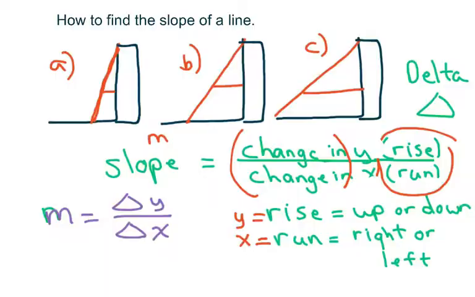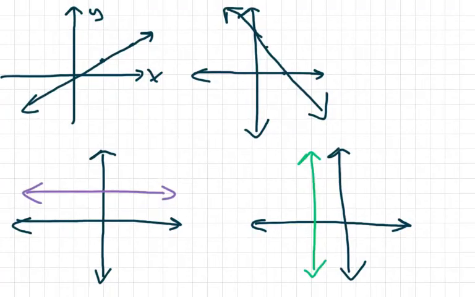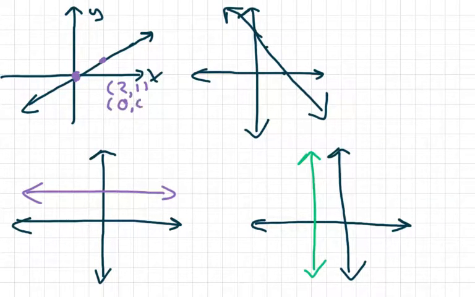So let's do some problems. I have some graphs here and I want to find the slope. So this first one, we're going to do the change in Y over the change in X. This point here is (2, 1). This point is supposed to go through 0, it's (0, 0).